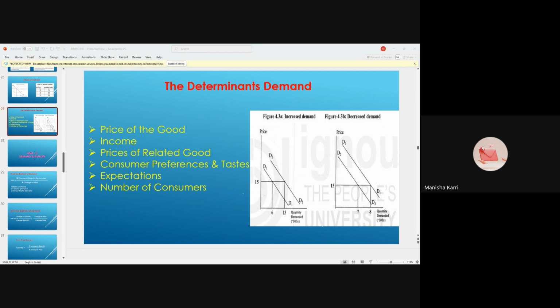Okay, coming to income. Changes in consumers' income can also have an impact on demand for goods. For normal goods, whenever the income increases, demand also increases. For inferior goods, as income increases, the demand decreases. So income is also one of the determinants of the purchasing power of the consumer.